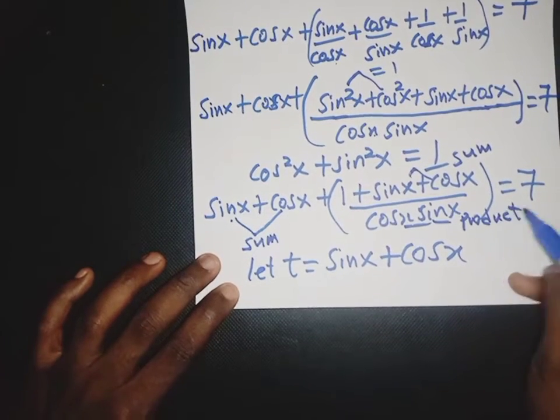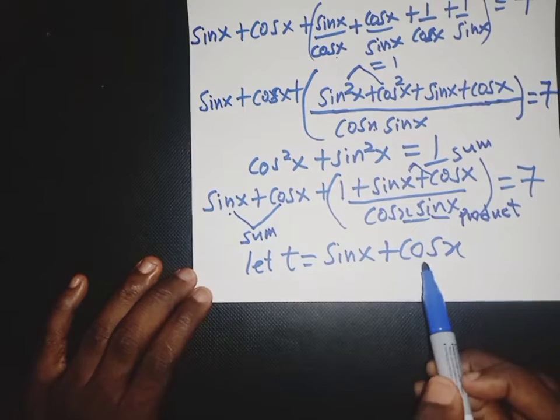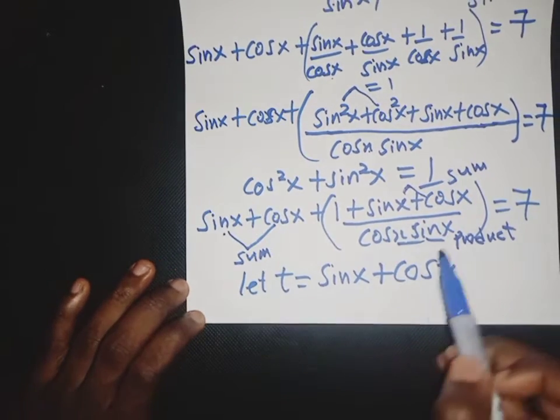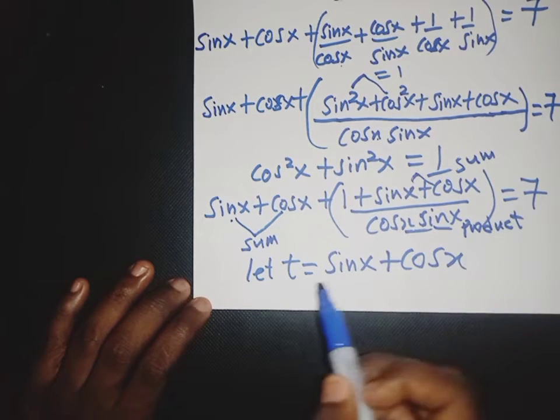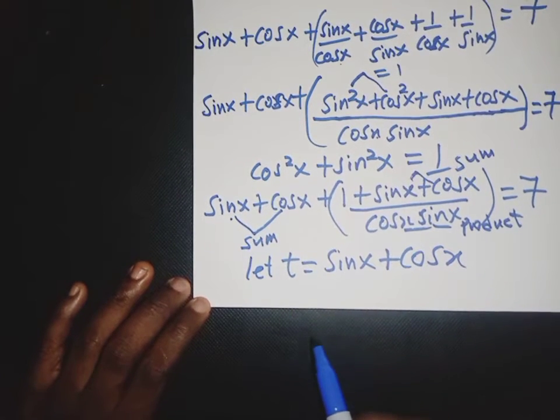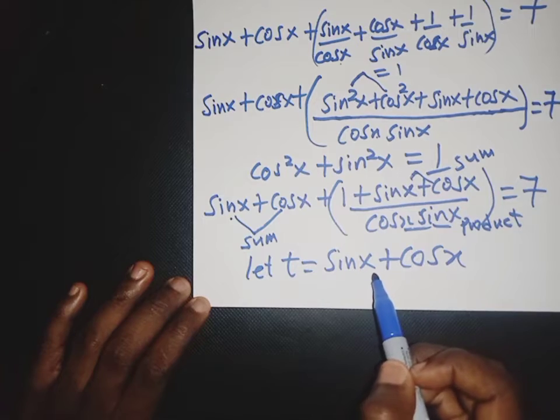If sine x plus cos x equals t, then what about their product? We can find that by squaring both sides.